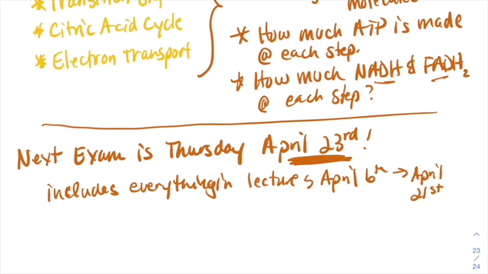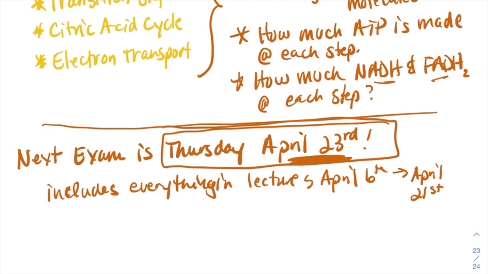That's the compromise, because this class is not designed to have open note, open internet exams. But please, you've got to take it on the 23rd. Plan ahead. Unless you are being deployed by the military or something, you should be able to find a time, day, afternoon, night, morning, whatever time works for you, on Thursday, April the 23rd.